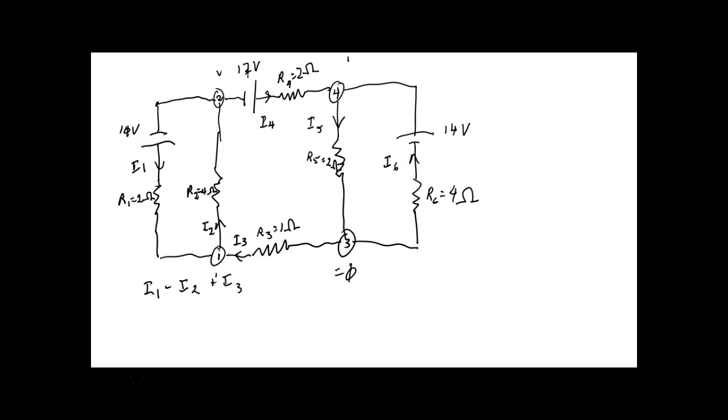Okay, let's go to junction 2. That has negative I1 plus I2 minus I4.